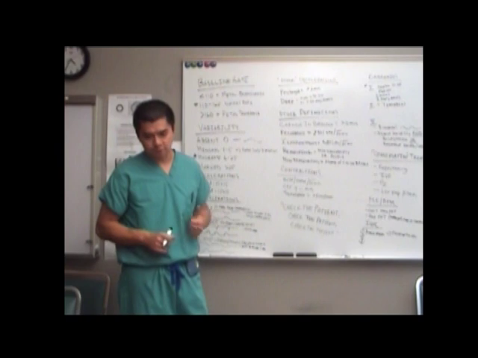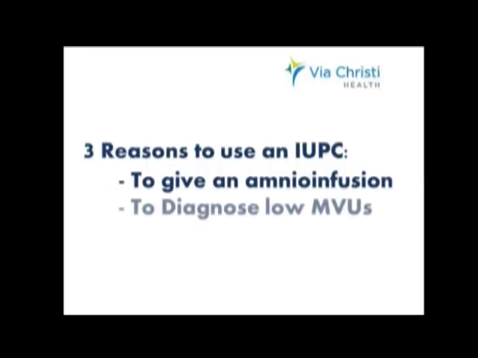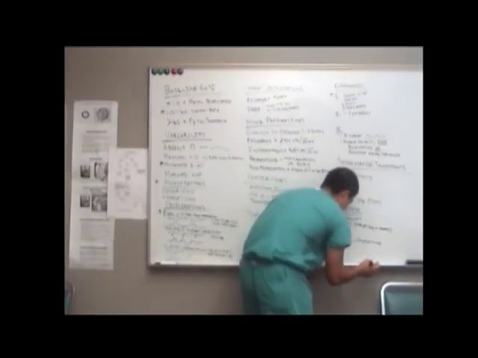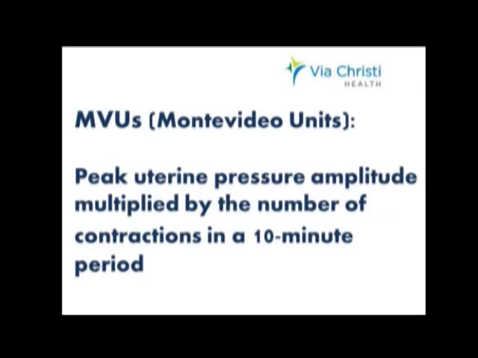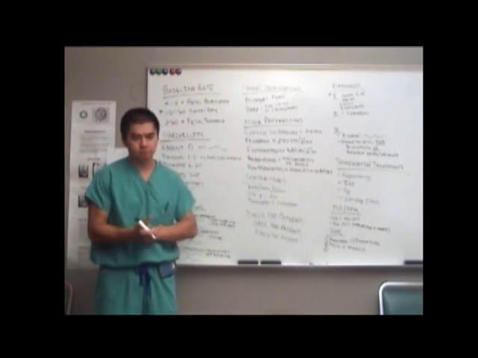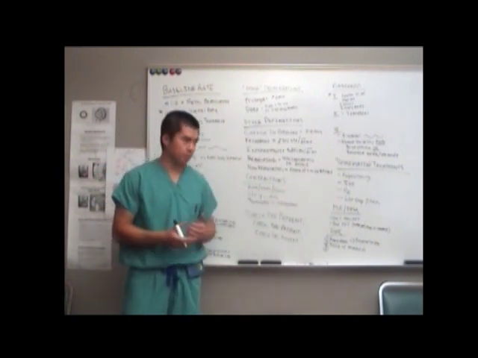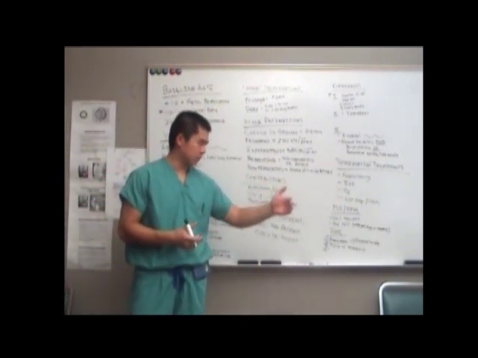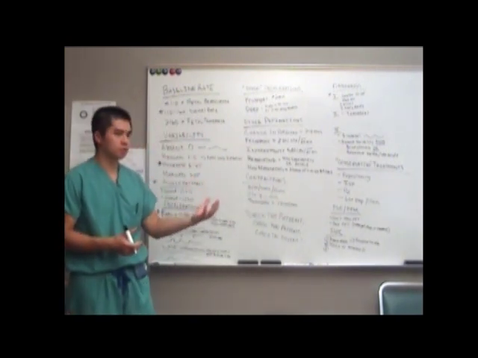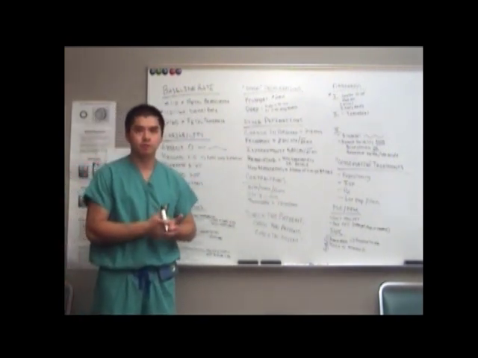What's the next indication for an IUPC? To diagnose low MVUs. So if you want to check MVUs in the setting of no cervical change or slow cervical change. So if your patient is changing every hour, dilating a centimeter every hour, and you can't get the contractions on the monitor, does it matter?